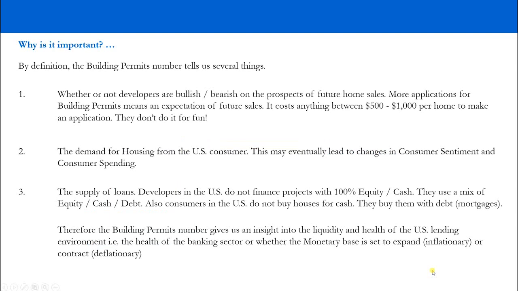And if we think about this in a bit more detail, the building permits number tells us a number of things. The first thing it tells us is whether or not developers themselves are bullish or bearish on the prospects of future home sales.